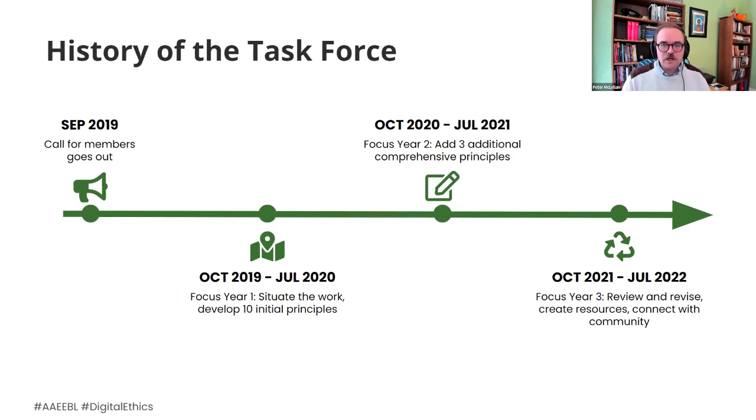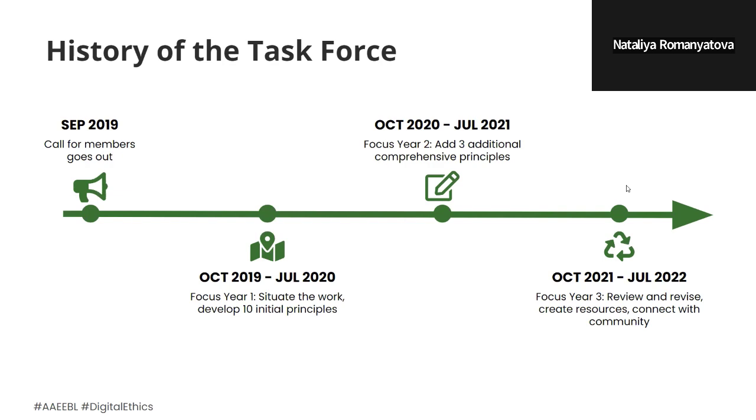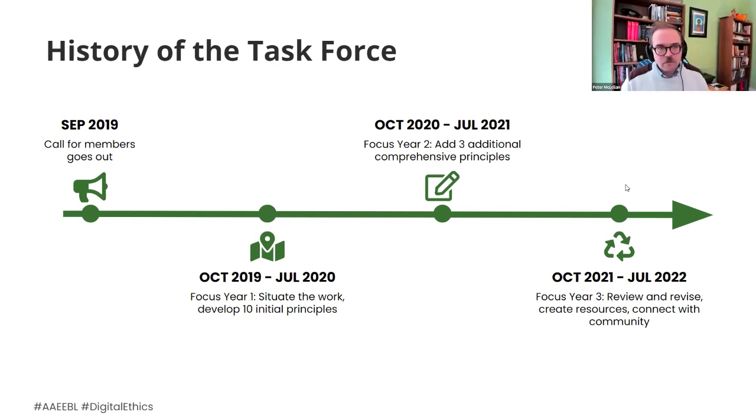In subsequent years, we've either added principles or pared them down and refined them, and now we are moving out, past July 2022, to bring the news to the masses and spread the gospel of what we're doing, so that folks can engage in more accessible portfolio practice.